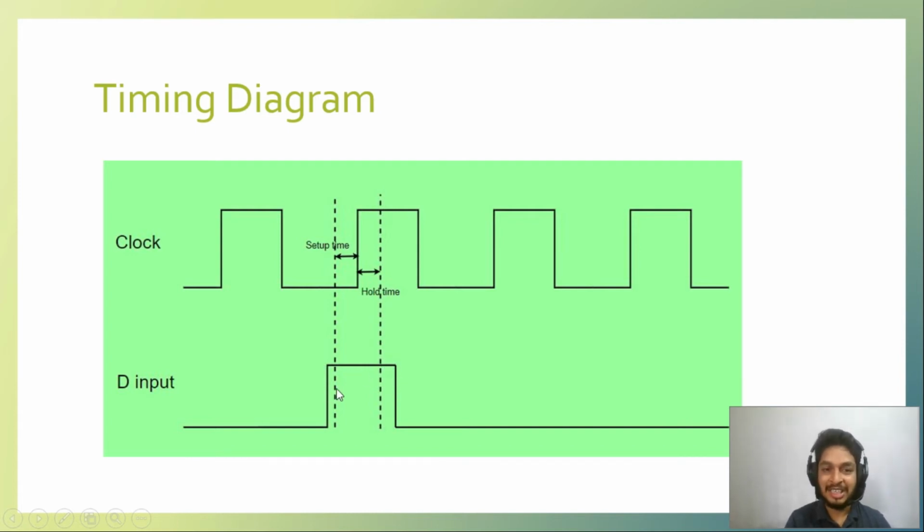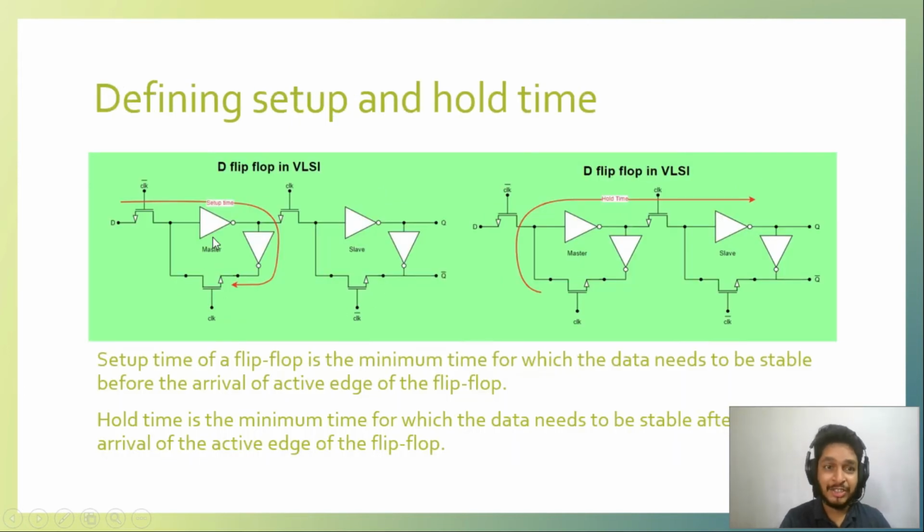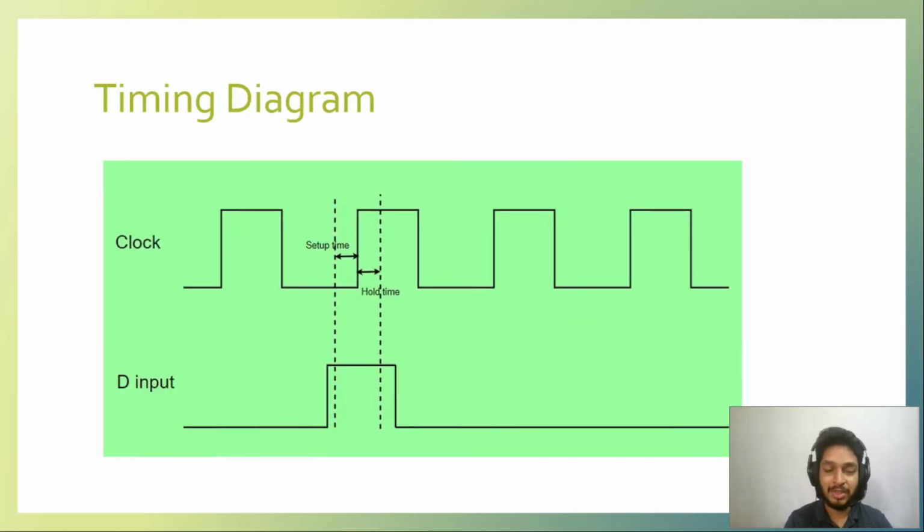If it comes a little late after these dotted lines, imagine this 0 to 1 transition is a little late, it's over here, then setup time wouldn't be met, because it will not be able to reach this point, the output of this inverter, and be propagated to the output, right? It cannot happen. Similarly, if it changes before this hold time, it is at the one level. But imagine that it is changing before this hold time, then also there is an ambiguity, and hold time is not met.